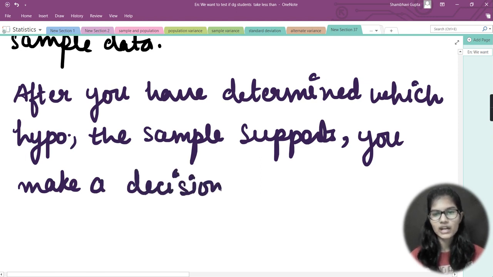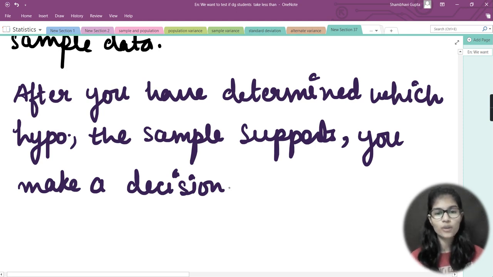So after you have determined which hypothesis the sample you have is supporting, if you have done this, you have made a decision, right?